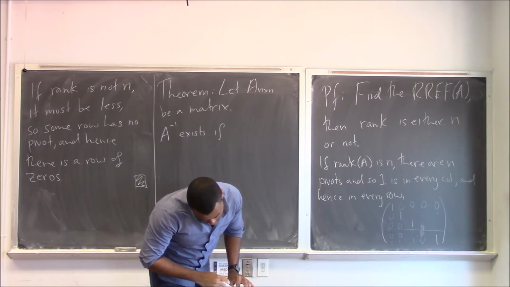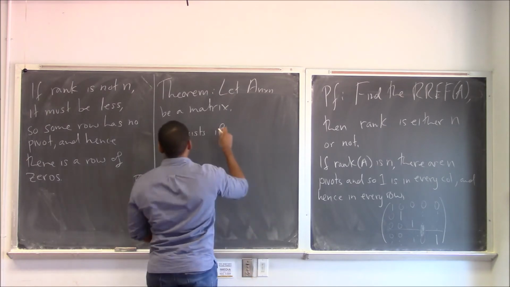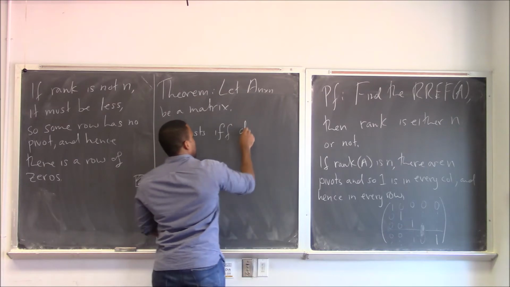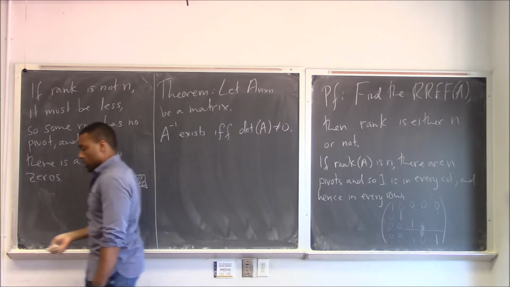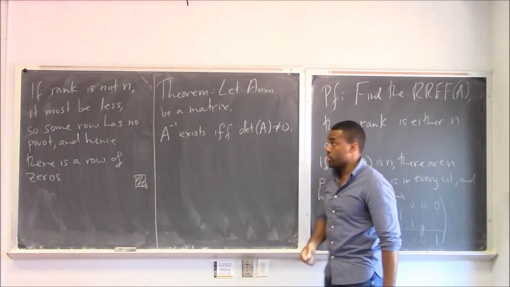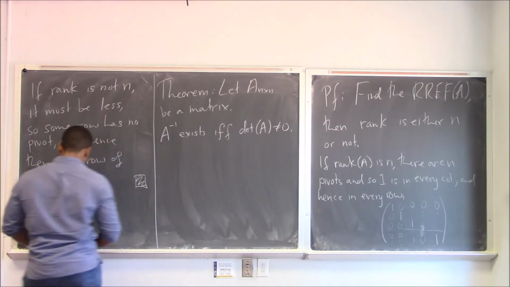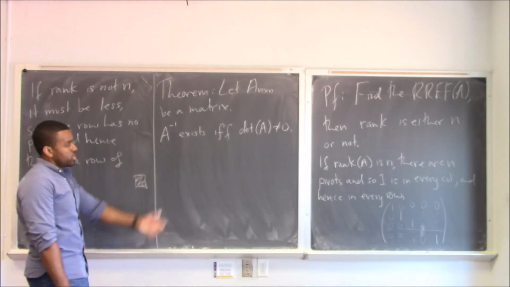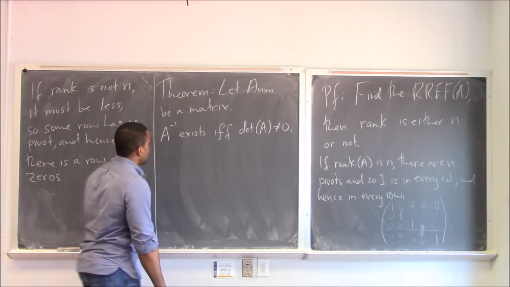I think we can get away without proving that. A inverse exists if and only if the determinant of A is not equal to 0. So this provides a useful check for knowing when something is invertible or not, if it's worth searching for the inverse. Turns out the only matrices that are invertible are the ones with non-zero determinants. So in order to have an inverse, you have to be a square matrix with a non-zero determinant. No other matrix will have an inverse.